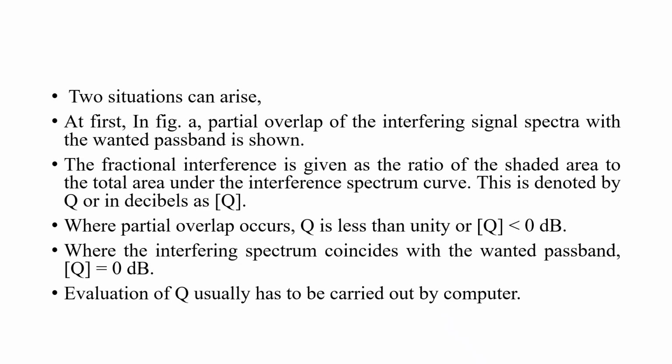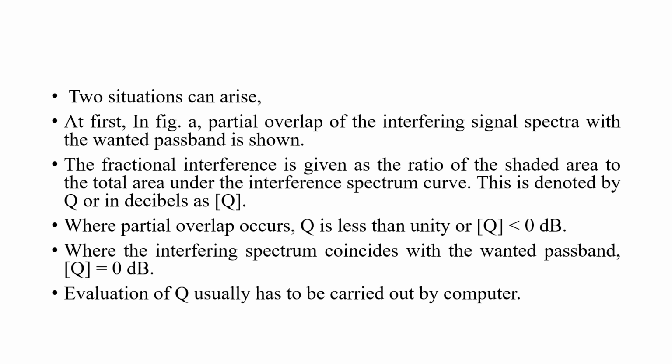So here we are considering two situations, and the effects are analyzed. In the first figure, a partial overlap of the interfering signal spectrum with the wanted passband is shown, and here the fractional interference is given as the ratio of the shaded area to the total area under the interference spectrum curve. This is denoted by the symbol Q, and in dB it is denoted by Q in square brackets.